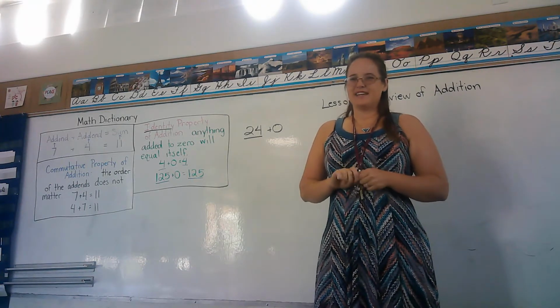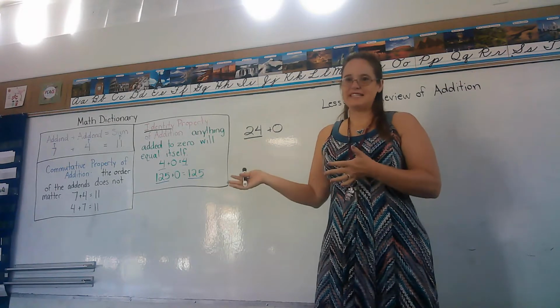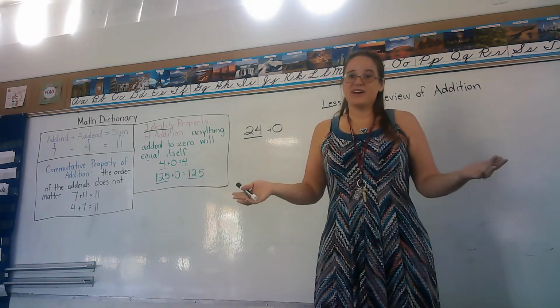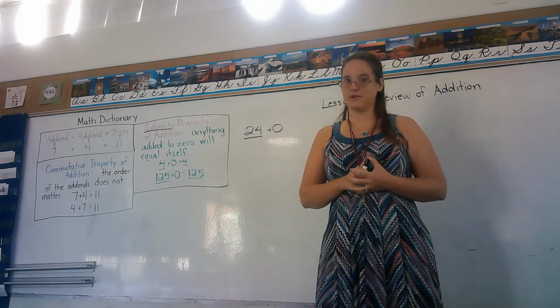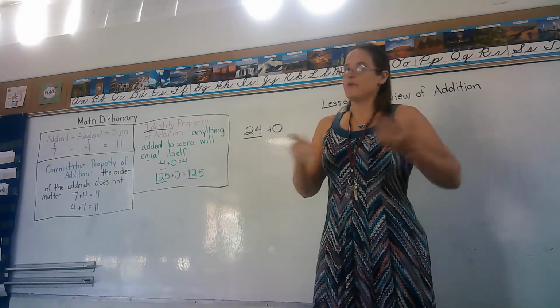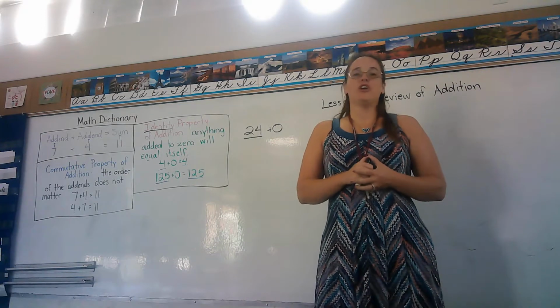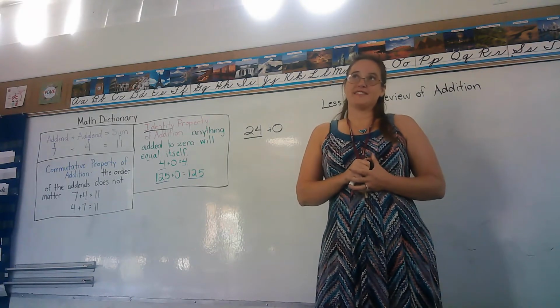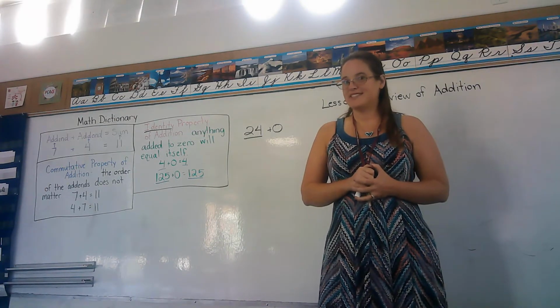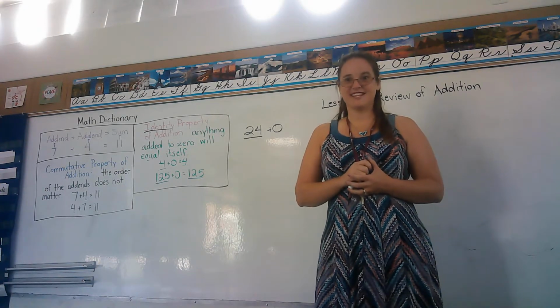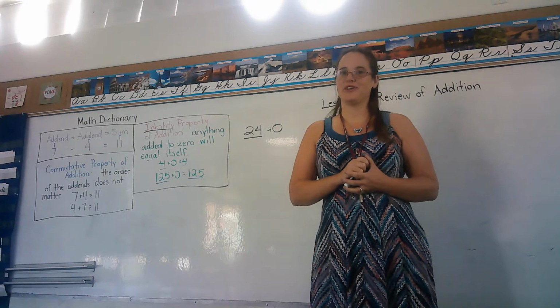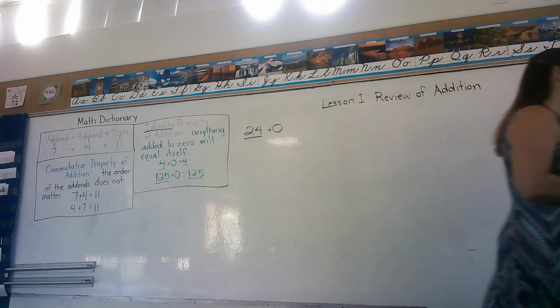So really, the identity property is just a fancy way of explaining something that you guys already know. You know that 125 plus 0 is 125. You know that 5,672 plus 0 is 5,672. You're doing great. All right.